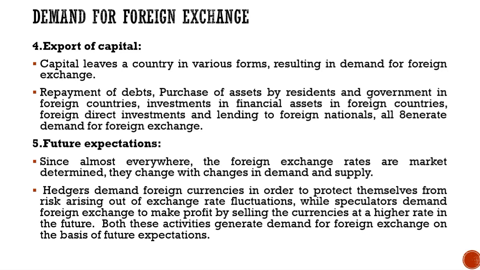Both these activities generate demand for foreign exchange on the basis of future expectations. So future expectation consists of hedgers and speculation, whereby one demands foreign currency in order to protect himself from the future risk, while the other demands foreign exchange to make profit by selling the currencies at a higher rate in future.